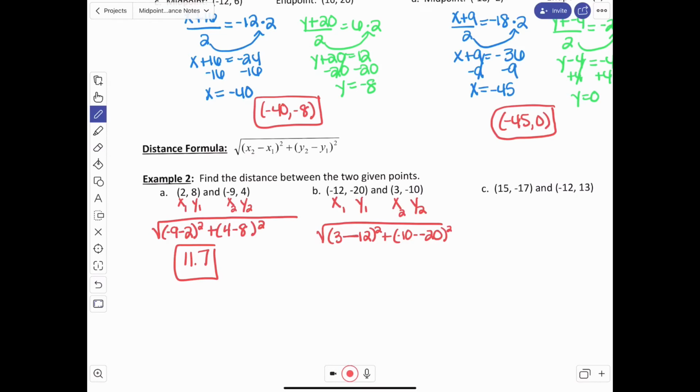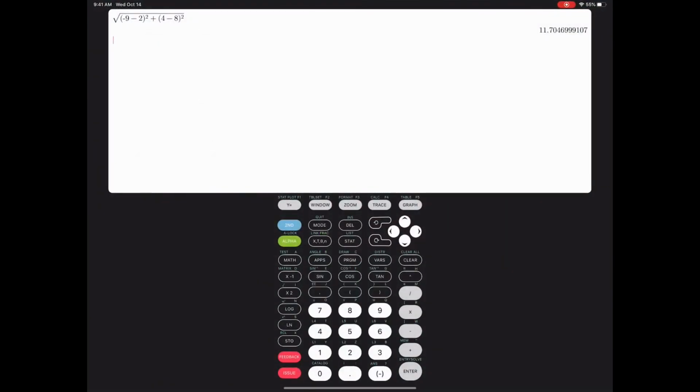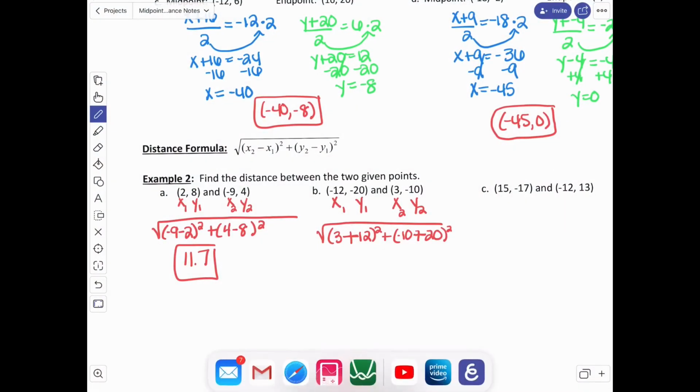So this right here is actually going to turn into a plus. So I have the square root of 3 plus 12 squared plus -10 plus 20 squared.